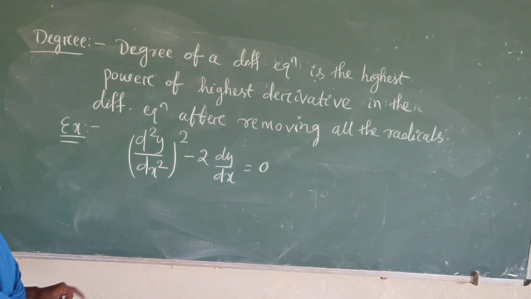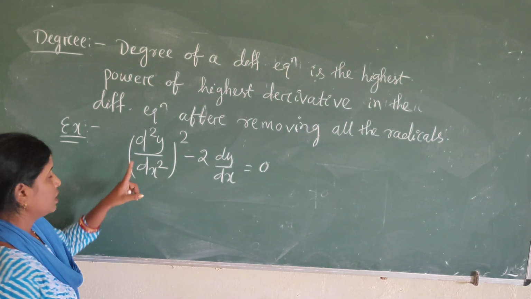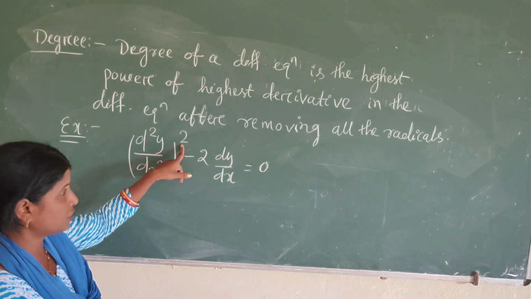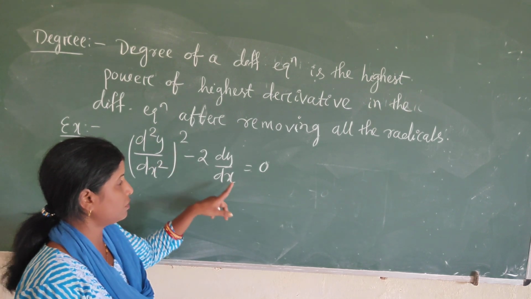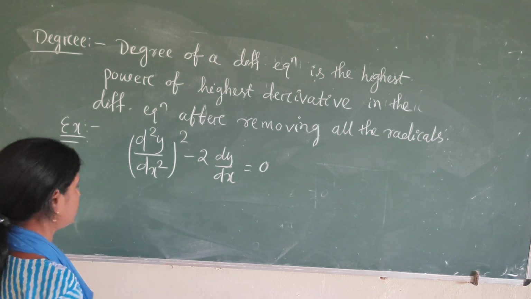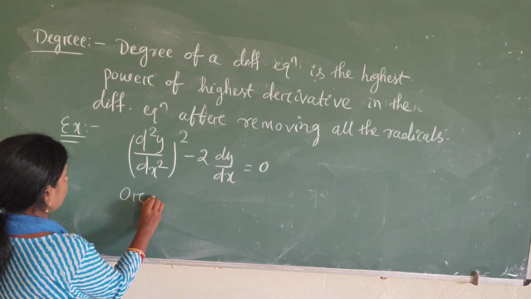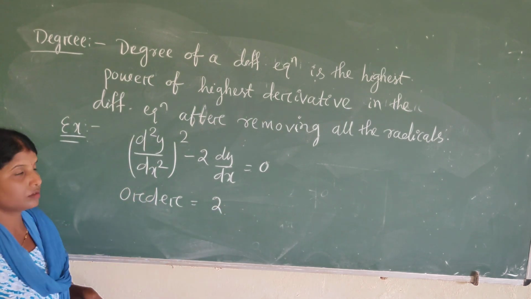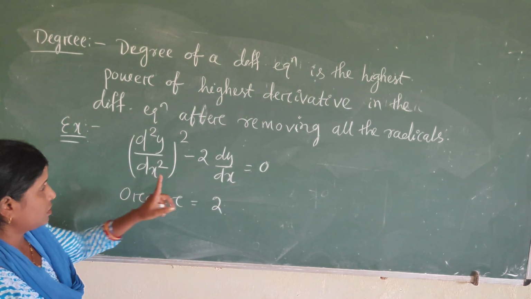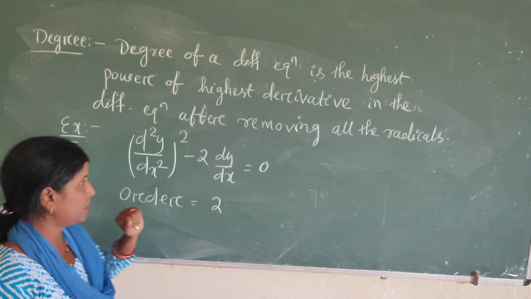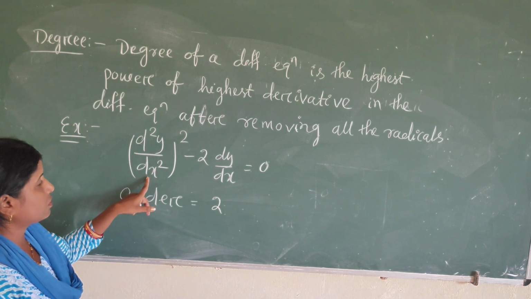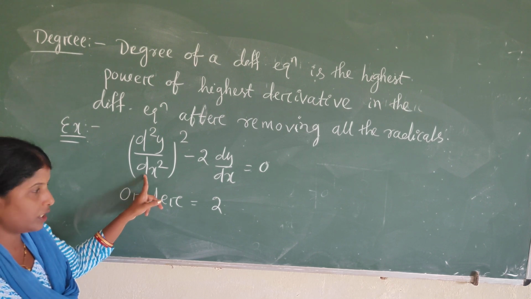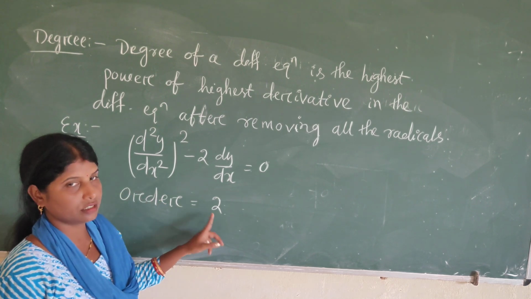In the given example, d square y by dx square whole power 2 minus 2 dy by dx equal to 0. What is its order? Order is 2. Dy by dx is the first derivative, d square y by dx square is the second derivative, so the highest derivative is second, and our order is 2.